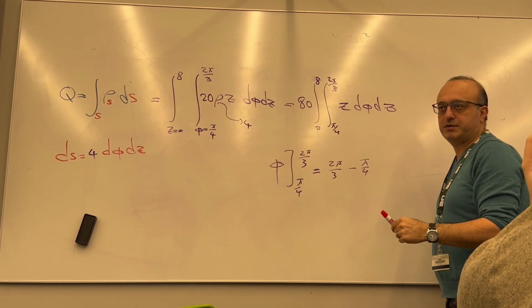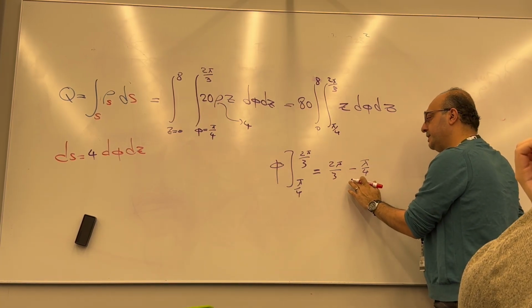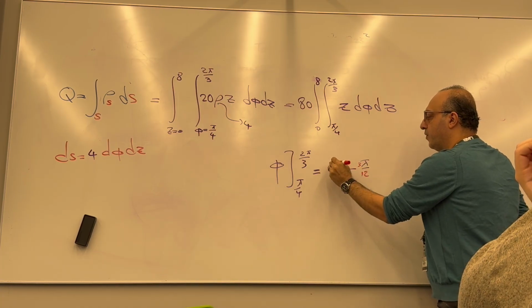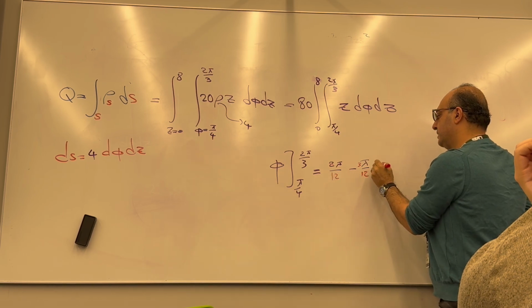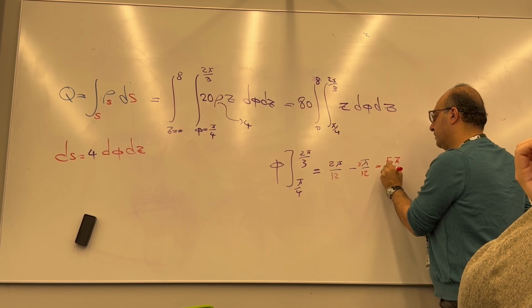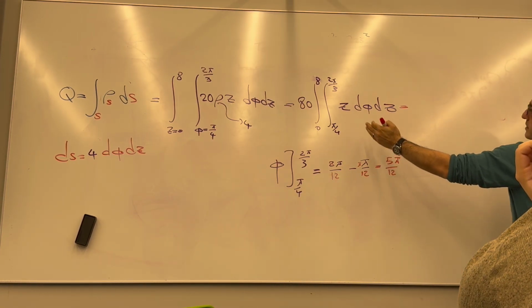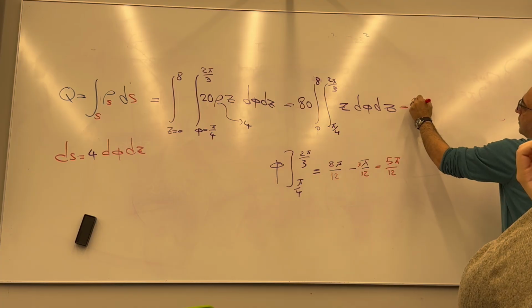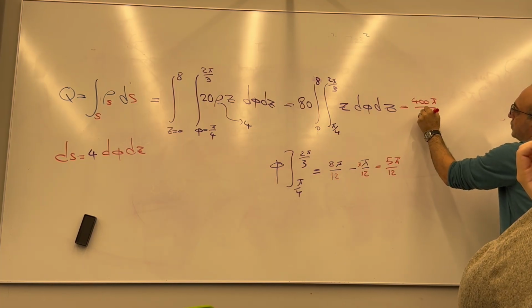The denominators are not the same. To make them the same, I multiply this one by 4 and this one by 3. It's going to be 8 over 12 minus 3 over 12, and then the result is 5 pi over 12. Multiplied by 80, it's going to be 400 pi over 12.